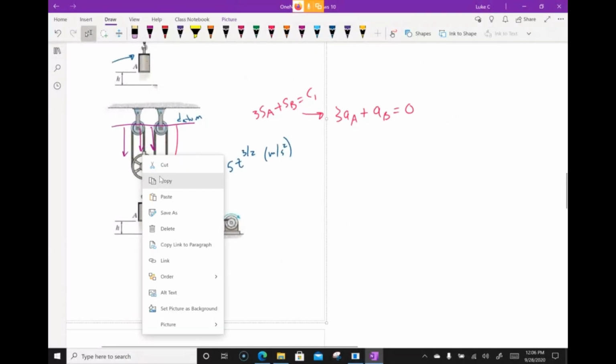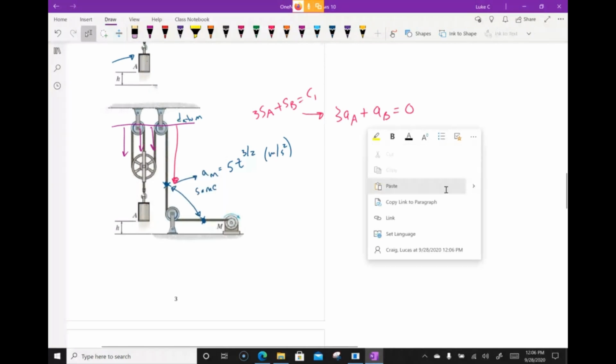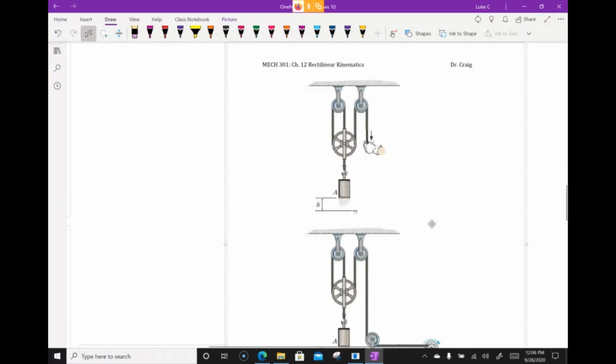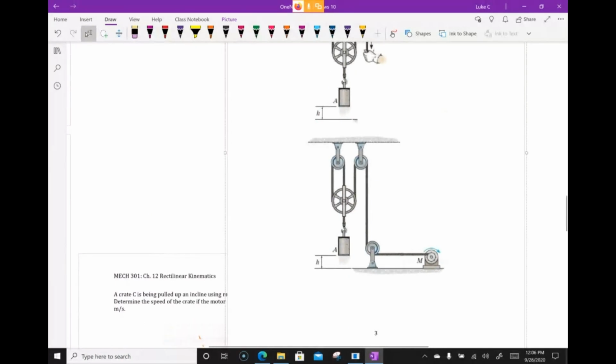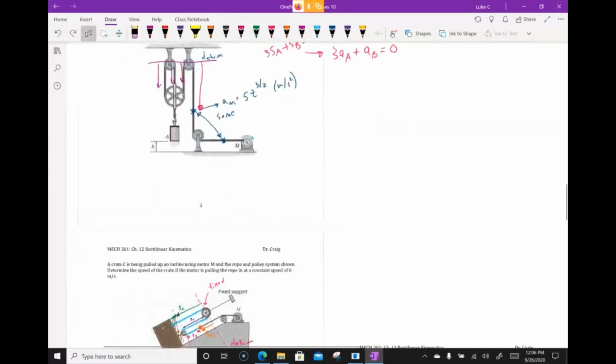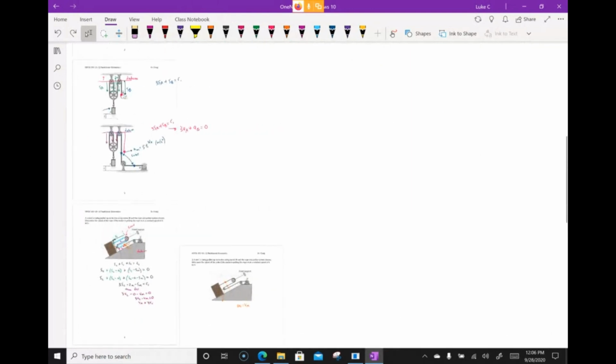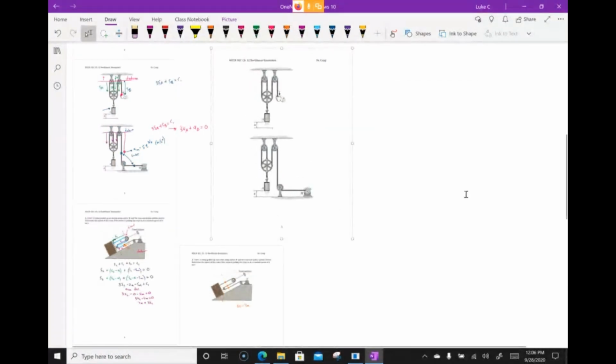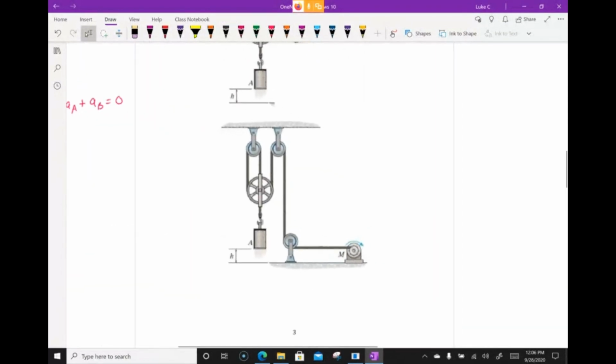Can we copy just that? Let's see, I might have to do it over here. Okay, that's fine. Shoot. Hold on, let me undo. Let me paste it way over here. There we go, and move it right there, and then zoom in.